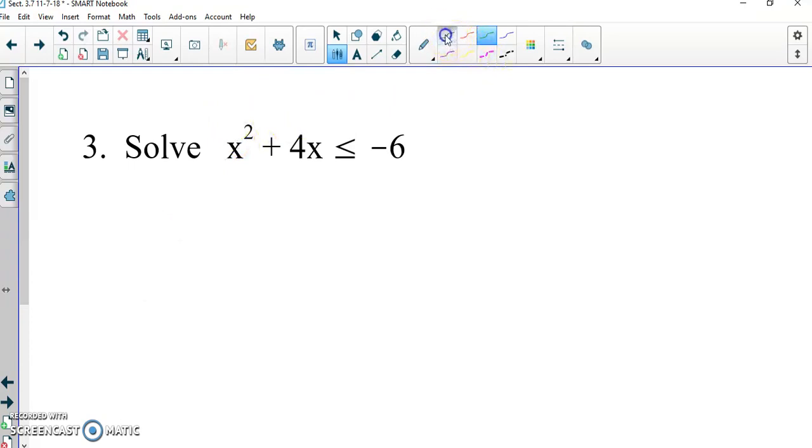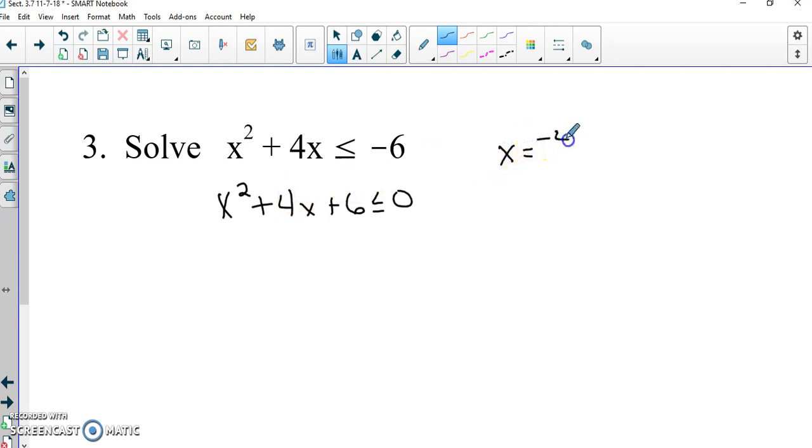All right, third one here. Again, same thing. x squared plus 4x plus 6 is less than or equal to 0. Doesn't factor. Quadratic root formula.